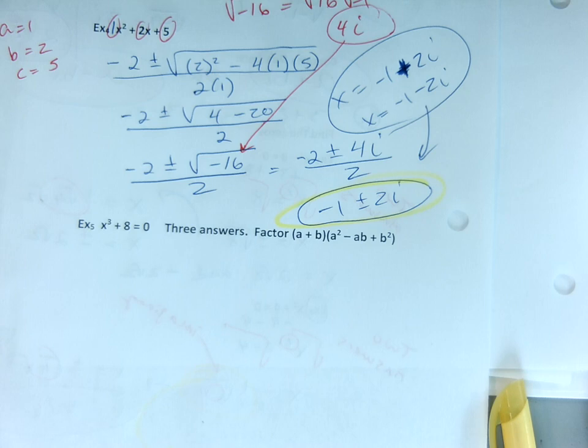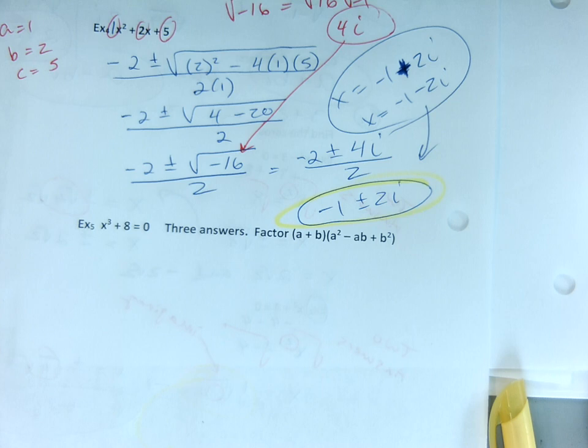Okay, you ready? So, example 5, guys. Don't write this down, just watch. There are 3 answers. If I solve it, I get minus 8, and then I cube root it, because the cube root will eliminate the cube.